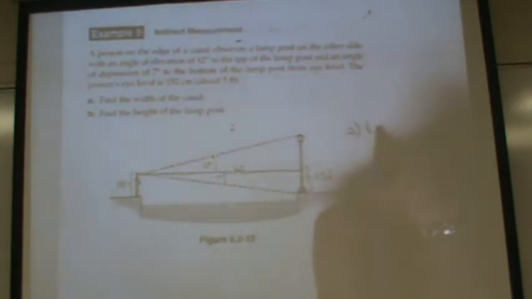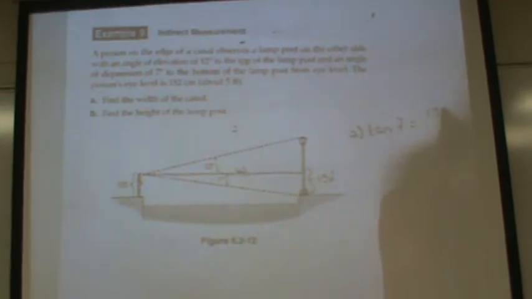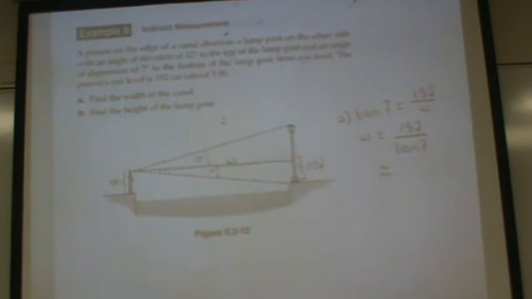So we're going to go tangent of 7 equals 152 over W. And then again, solving for W. So our W is approximately 1,237.94, and that's centimeters.